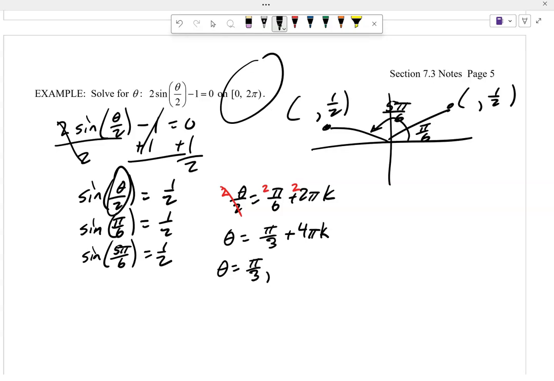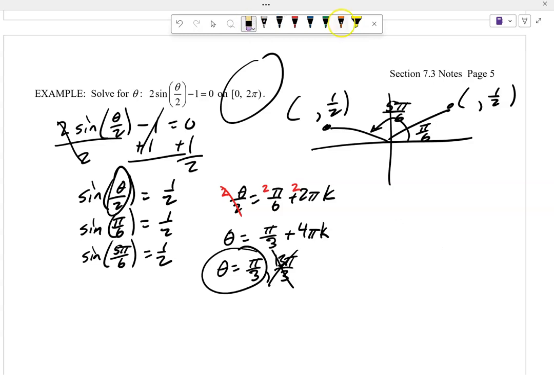If I let k be 1, then I'd have π/3 plus 4π times 1. Get a common denominator, so π/3 plus 12π/3, 13π/3. Well, that's more than 2π. 2π is 6π/3. That's too big, so we just stop right there with this one. If I let k be 2, it'd be way too big. If I let k be negative 1, it can't be negative.